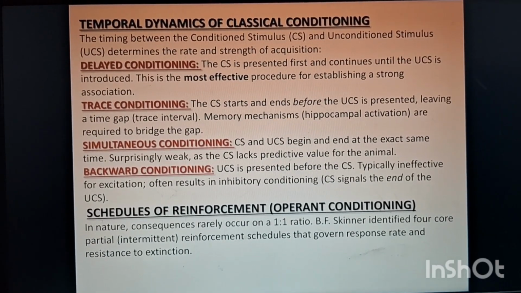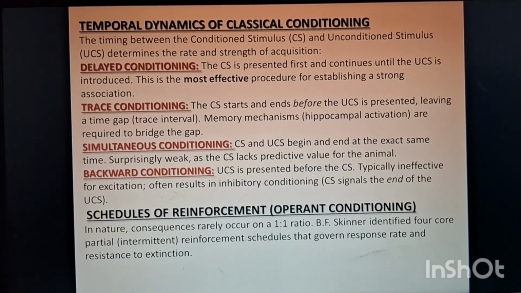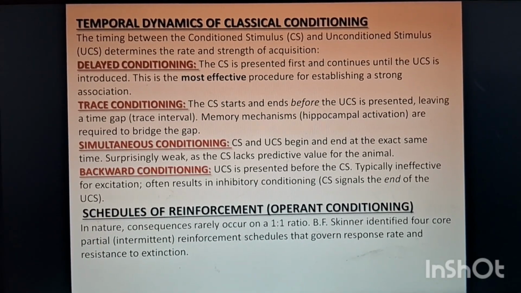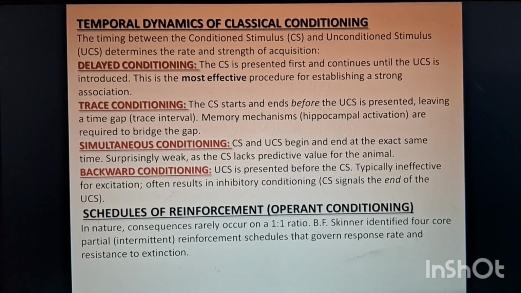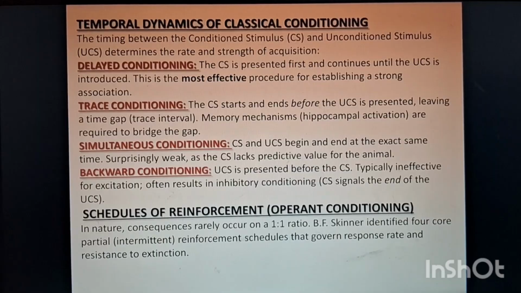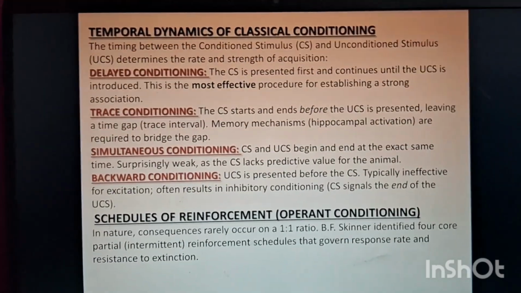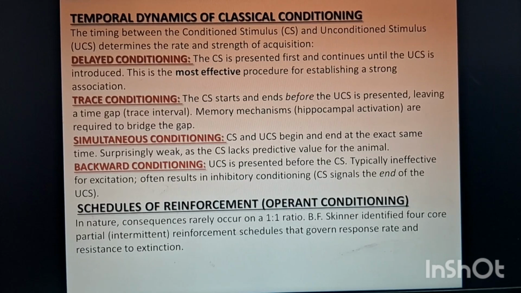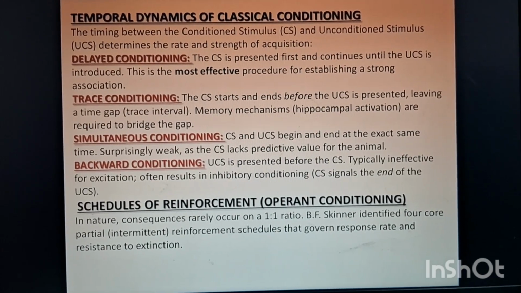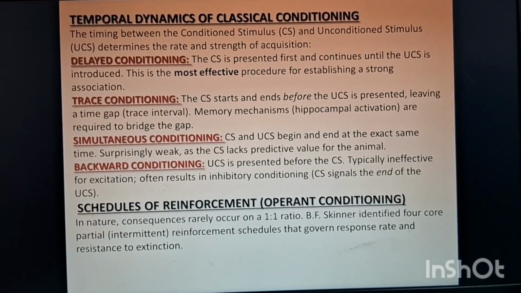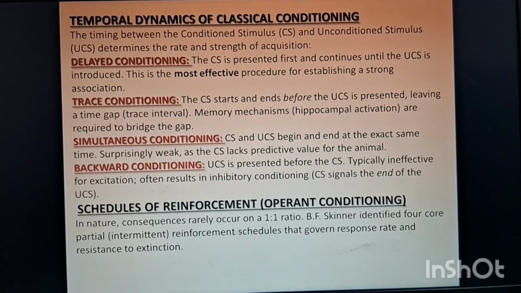Conditioned stimulus and unconditioned stimulus begin and end at the exact same time, so conditioning is surprisingly weak, as the conditioned stimulus lacks predictive value for the animal. Next, backward conditioning. The unconditioned stimulus is presented before the conditioned stimulus, typically ineffective for excitation, often resulting in an inhibitory conditioned stimulus.